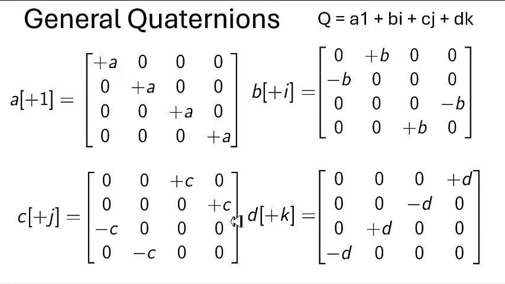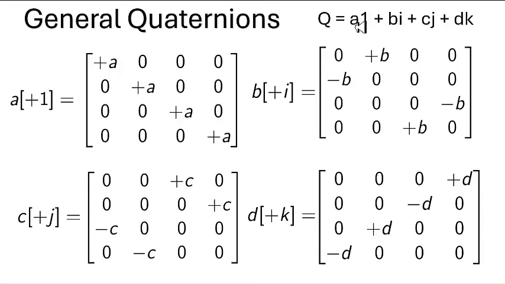And then when you take D, whatever that value is, and multiply it by the K matrix, you're going to end up with D's in the K locations in the matrix. And again, if D is negative, then this is going to be negative, positive, negative, positive. So the signs will change if D is negative. But if D is positive, you're going to end up with positive D, negative D, positive D, negative D. Okay, so that's how this all works.